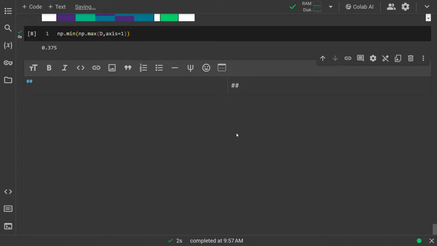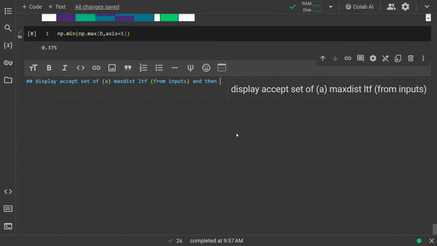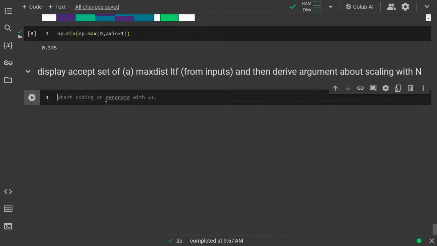So, yeah, display except set of a max dist LTF, like from inputs, and then derive argument about scaling within, right? We're gonna do all that in this column.